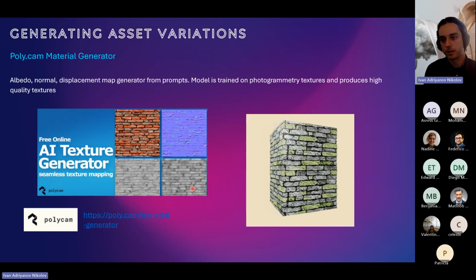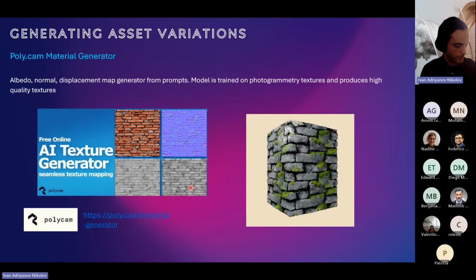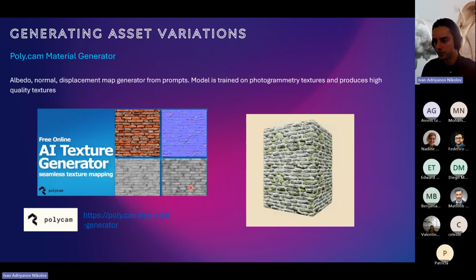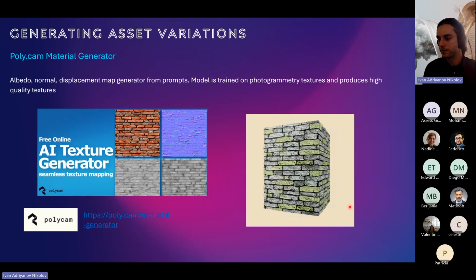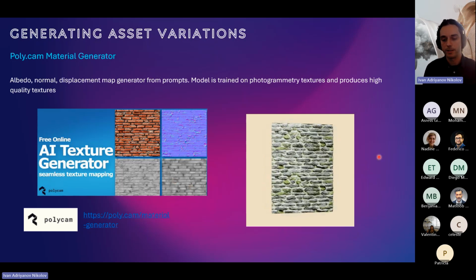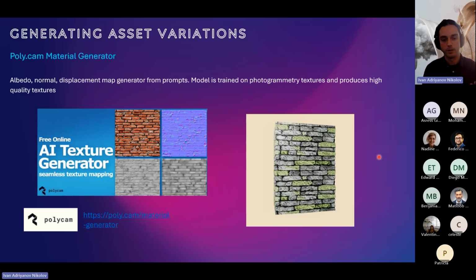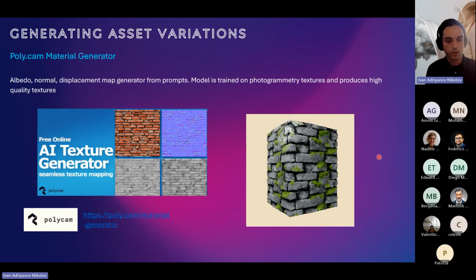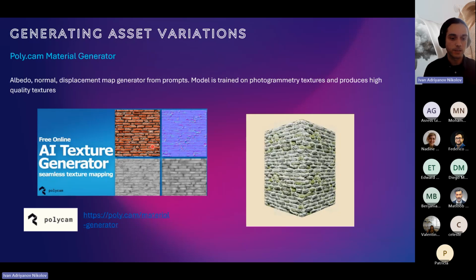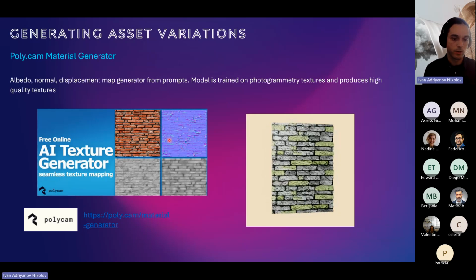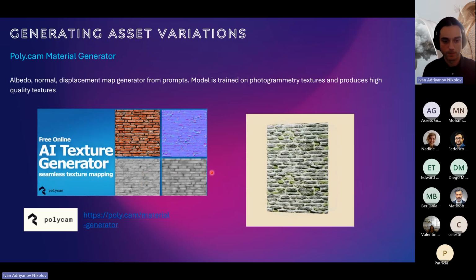I think they're using a version of Stable Diffusion, so a diffusion model, that we can use to generate different variations of, let's say, brick walls, or we can create different pavements, wooden flooring, and so on, which can just make our visuals a little bit nicer. And the good thing is, again, that we get both albedo, but also normal maps, roughness maps, and so on.